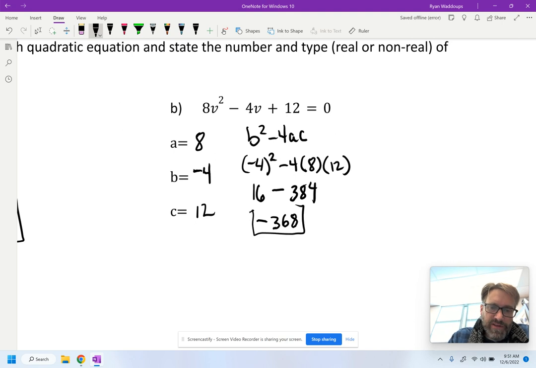And that's the value of the discriminant. And because it is negative, we have two non-real solutions, 0 real solutions.